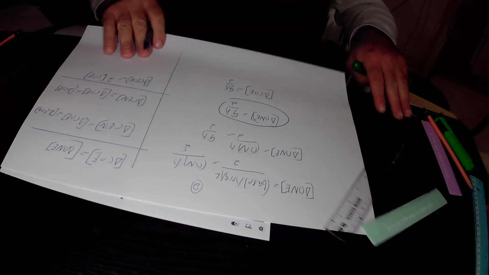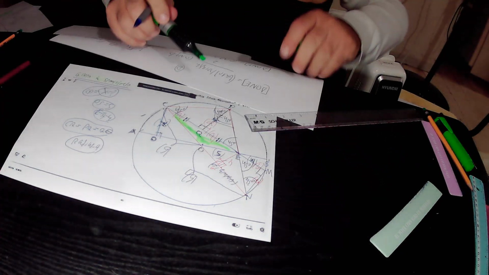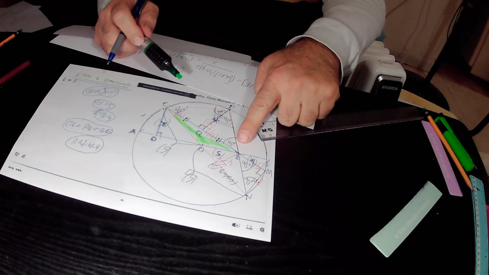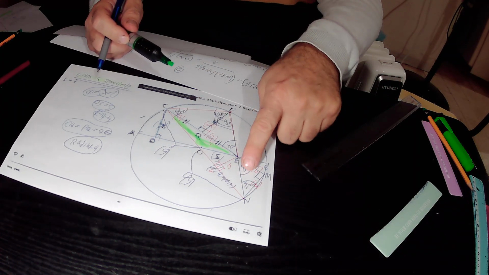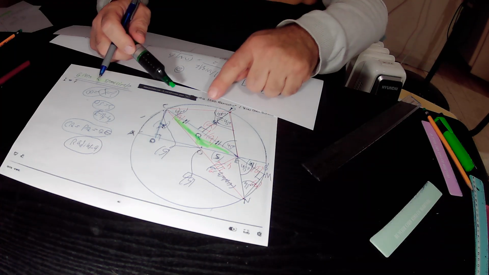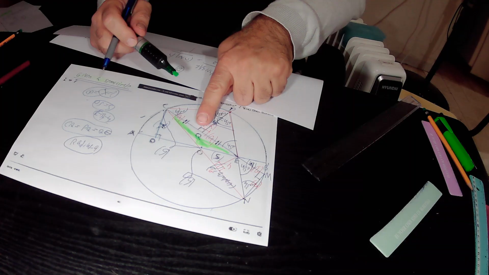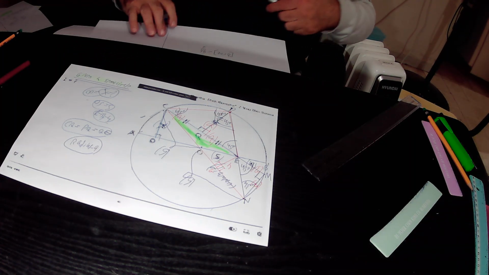Again, in total, we found out that the area of this big triangle CEN equals 2 times the area of this green triangle COE. So this will be equation 1.